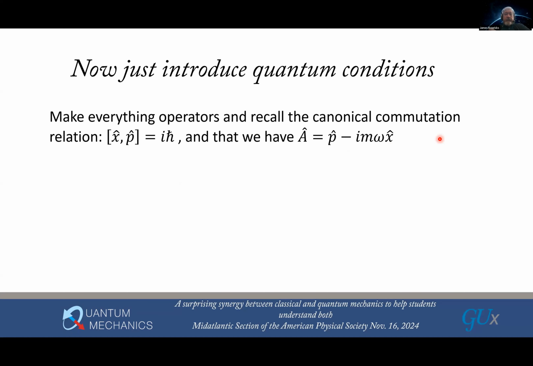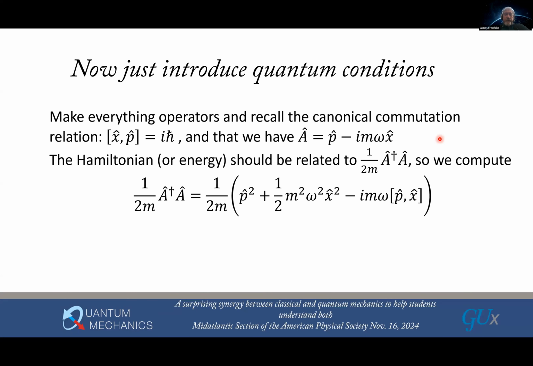And we're going to compute the energy, which should be the Hamiltonian. So we're going to compute 1 over 2m A dagger A. And by just using those definitions for the A and the A dagger, again, I will get a p hat squared over 2m. I will get a 1/2 m omega squared x hat squared. That's from the squares of each of these terms. But now I have a cross term because p and x don't commute.